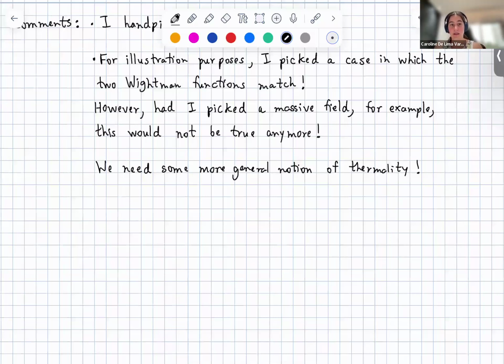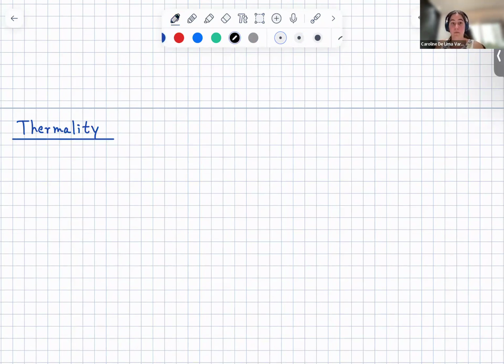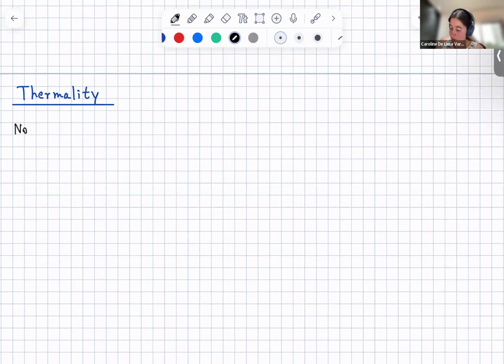Okay, so to just discuss this briefly today, let's go to the next page. Some basics about thermality. Well, there are some different notions of thermality. One of them would be Gibbs thermality.